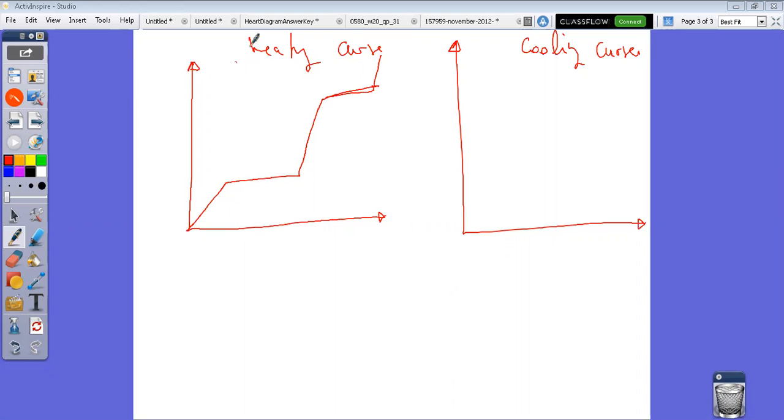So this is what we call a heating curve. We'll explain certain things that we need to know. So I can write A, B, C, D, E. Follow me? F here. Let's do the cooling curve, which is the opposite. Of course, not straight. Like this.